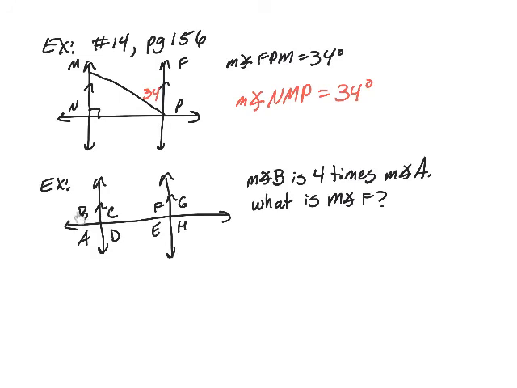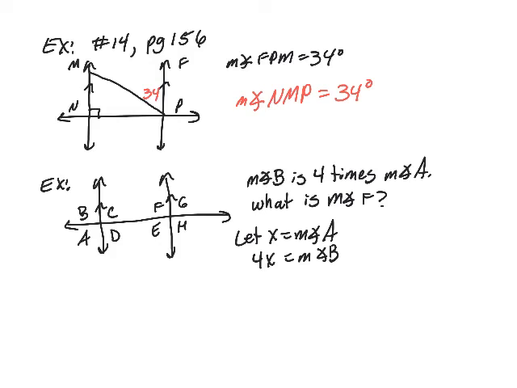Angle B is 4 times the measure of angle A. So I don't know anything about the measure of angle A. So we'll let x equal the measure of angle A. So that means 4x has to be the measure of angle B. And then when you look at the picture, A and B are going to add to 180 because they are a linear pair. So you do that next.